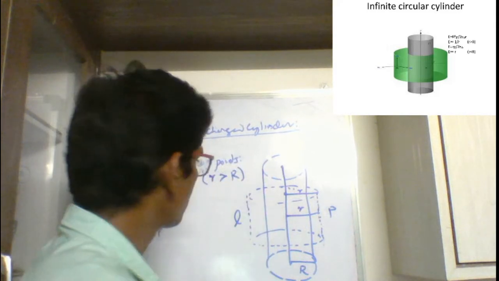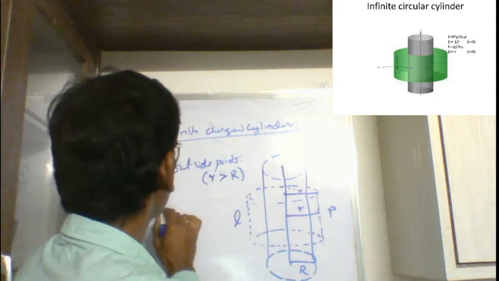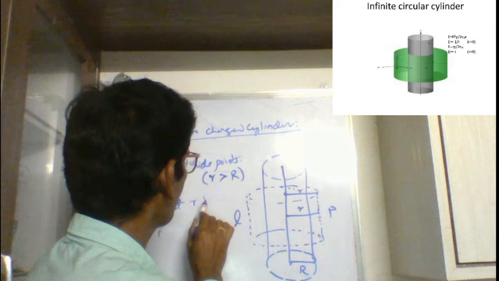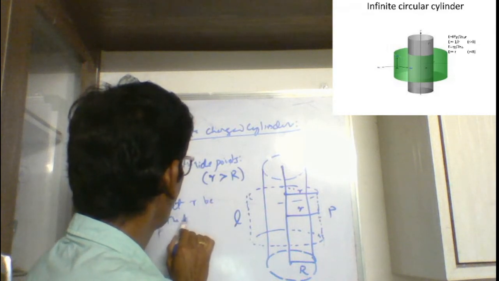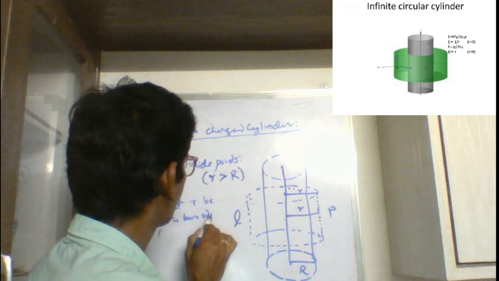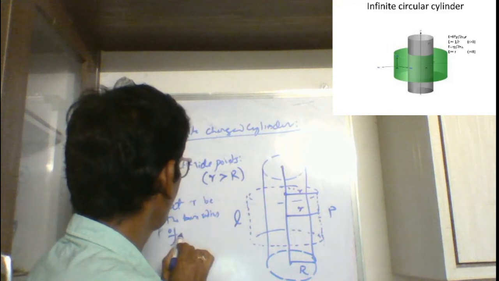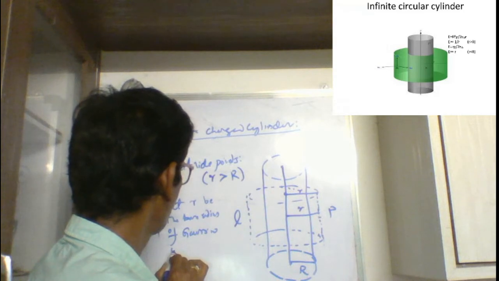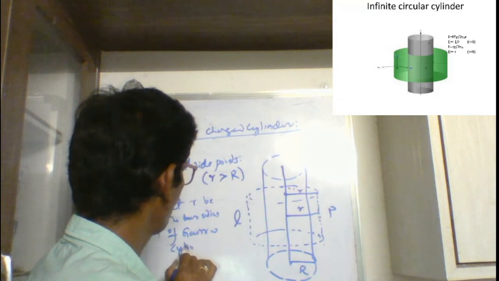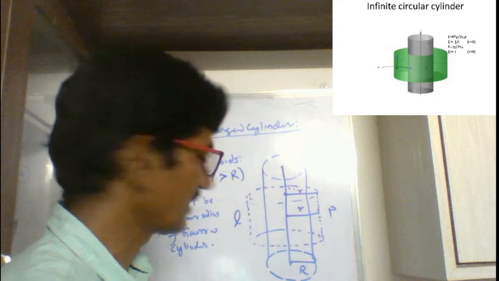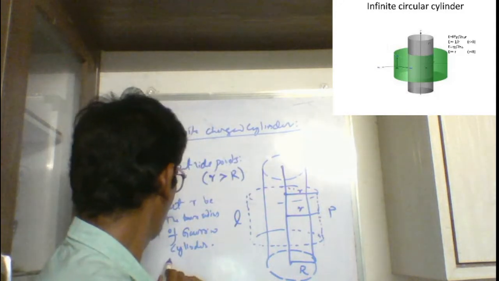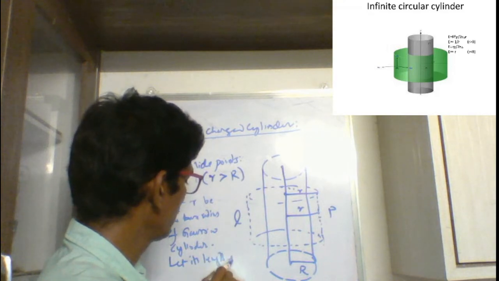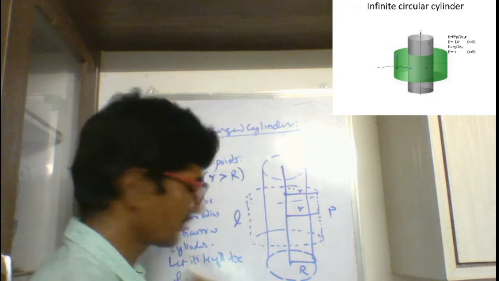Now let small r be the base radius of the Gaussian cylinder, and let its length be small l.